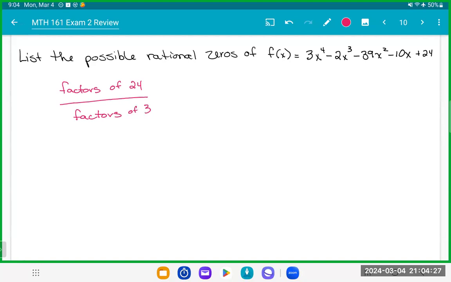So all of those that pan out, remember it's all the plus and minus divided by the plus and minuses, right? In this case, the actual zeros, if you want to practice further with this problem, are -3, -1, 2/3, and 4. Okay.